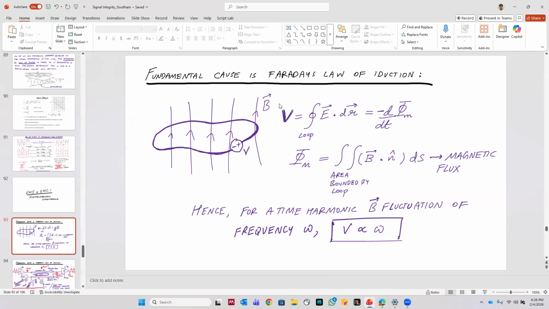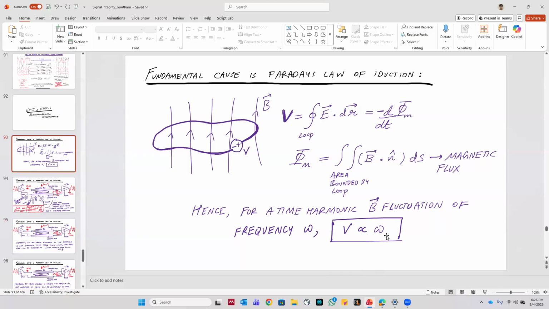So imagine B is sinusoidal. Then if you plug that in here, you'll find that the induced voltage is essentially proportional to frequency, right? So the higher the frequency, the more voltage is going to be induced in your loop of wire. This is the fundamental principle of electromagnetic induction.